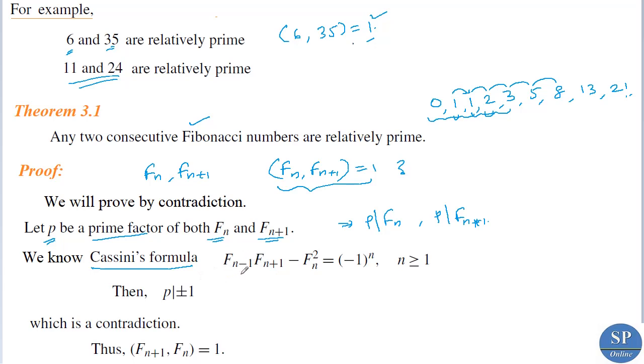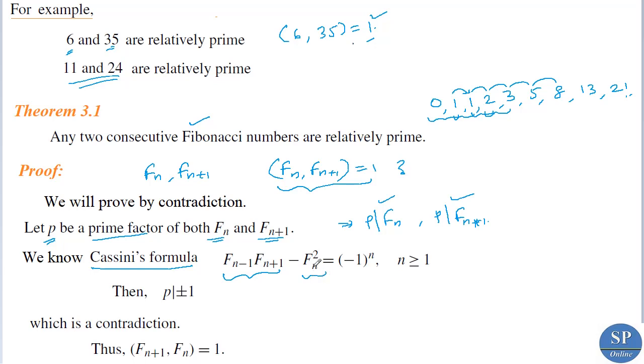This is Cassini's formula. If Fn is the nth Fibonacci number, then Fn minus 1 into Fn plus 1 minus Fn square is equal to minus 1 power n. Now we have P divides Fn and P divides Fn plus 1. So P divides Fn minus 1 into Fn plus 1, and also P divides Fn.